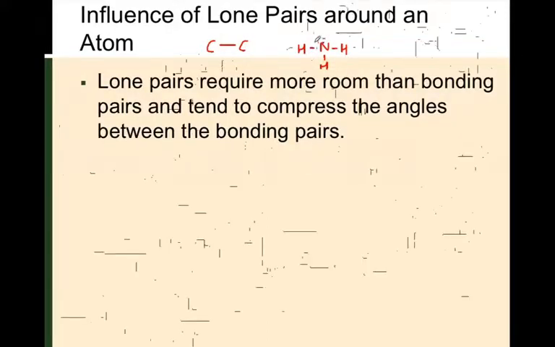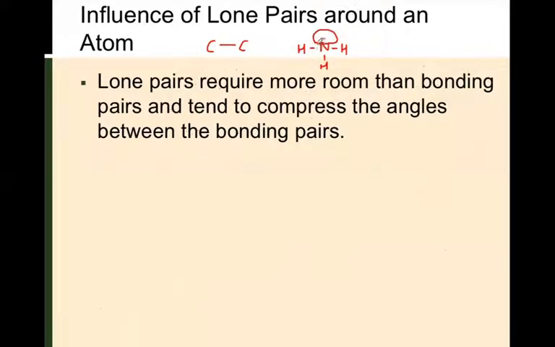So it can take up much more space, because it's not really doing anything yet. It may well do something in the future, but if we're just considering the compound on its own with nothing else around it, then the lone pair doesn't have much to do. So it just fills as much space as it can. And it's this filling of space which causes it to compress the other bond angles down.